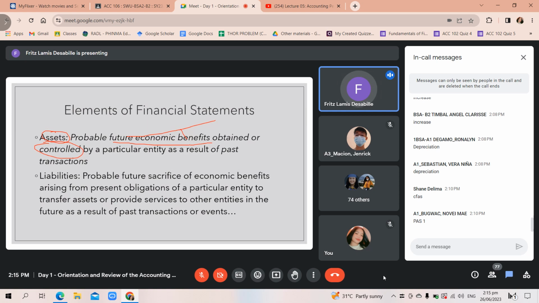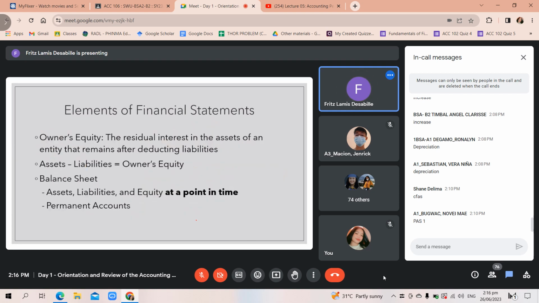Liabilities: probable future sacrifice or outflow of assets, economic benefits, assets or revenues arising from the present obligation of a particular entity to transfer assets or provide services to other entities in the future as a result of past transactions or events.